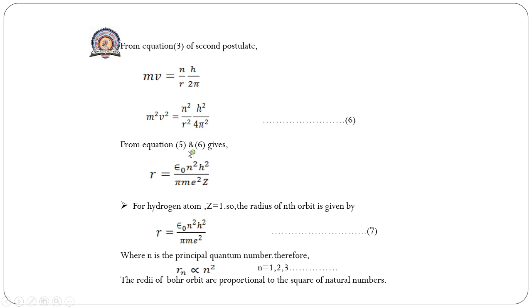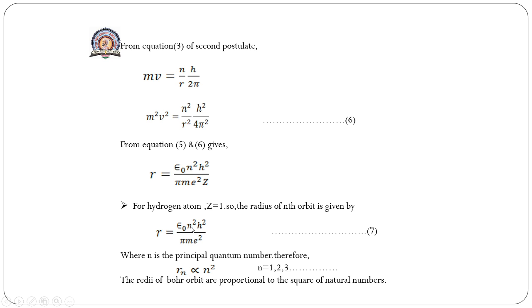From these equations we get the value of r: r is equal to epsilon 0 n square h square upon pi m e square Z. Z is the atomic number; for a hydrogen atom Z is equal to 1. So we get the radius of the nth Bohr orbit, Rn is equal to epsilon 0 n square h square upon pi m e square.